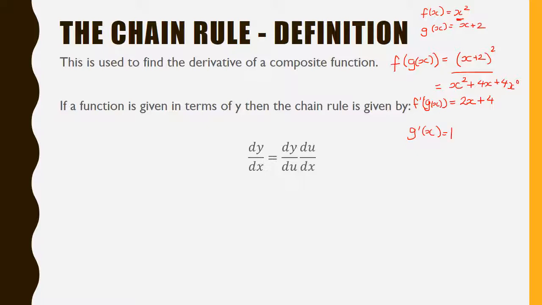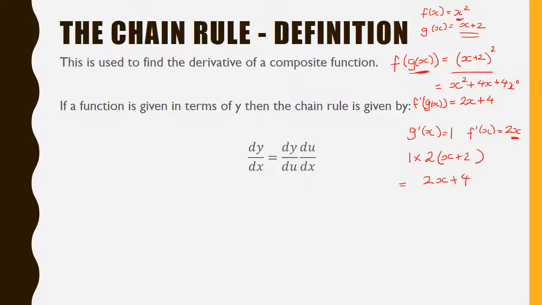By differentiating our outside function, f dash x, we get 2x. Then we multiply our g dash x times our f dash x, but our outside function needs to have within it, instead of x, g of x, where the x was. So we substitute in our g of x part, our x plus 2, to give us a derivative of 2x plus 4, which is the same thing.